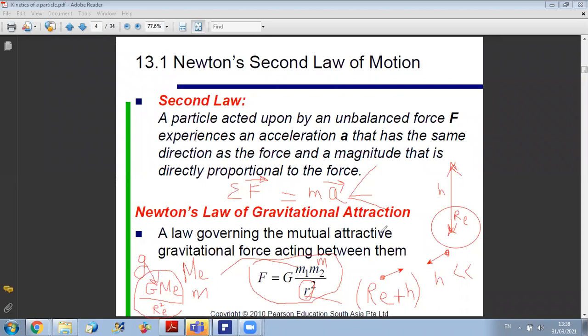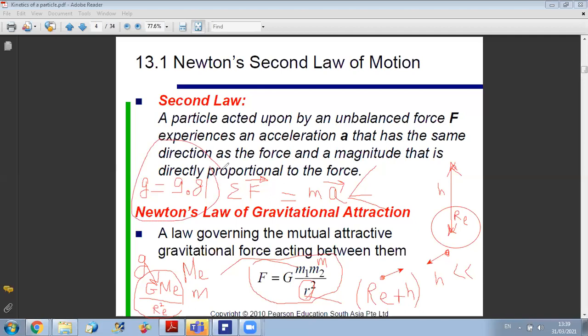Now, in case the altitude is very small, meaning you can neglect it compared to the Earth, in general you get g equal to what? In your problems you use g equal to 10 or 9.81. The 9.81 is for negligible altitude, so you will use it in case of h very small compared to the radius of the Earth, and it will be equal to G me over re squared. This is what we use in problems.